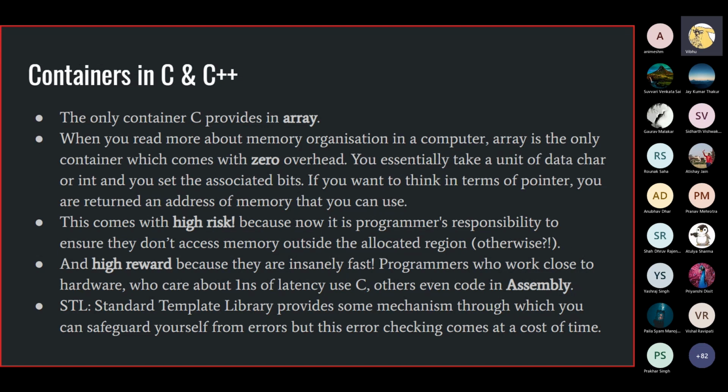For example, your character would be 1 byte, so you take 1 byte of data and set it with the associated value. For an integer, which is 4 bytes, you just take that and set it. And it is contiguous, right? In an array, the memory is contiguous. If you want to think in terms of pointers, you are just returned an address of that memory that you can use.